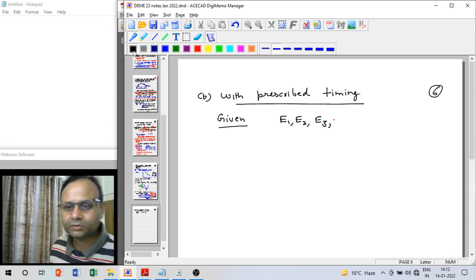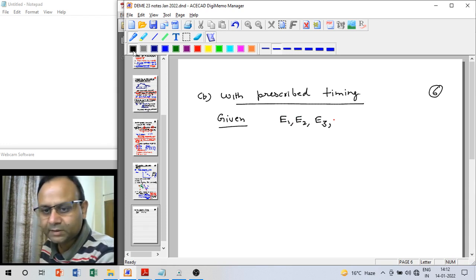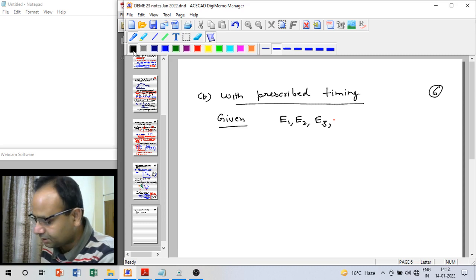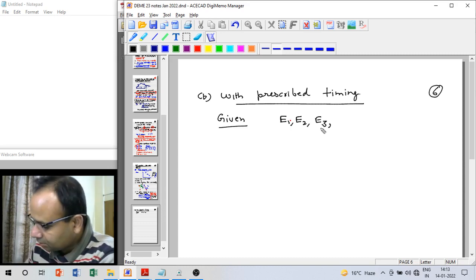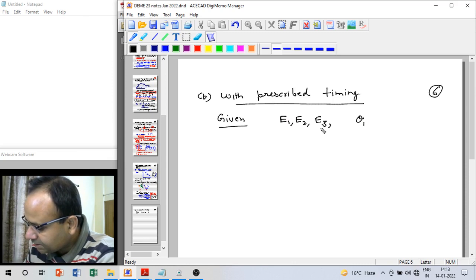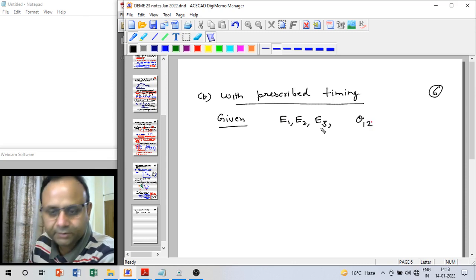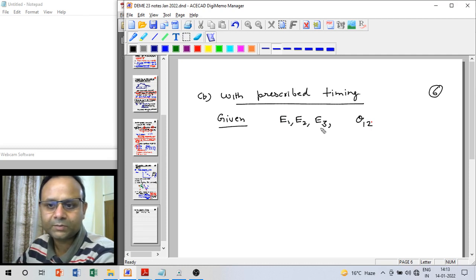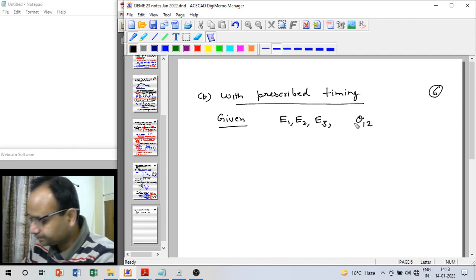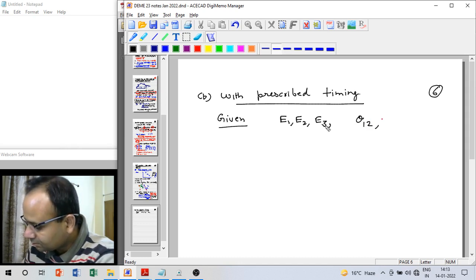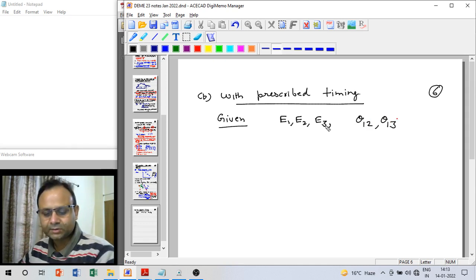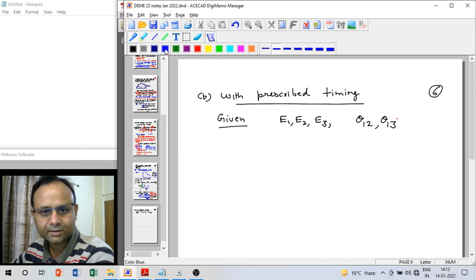So you are given three positions of a point on the coupler, and along with that more information about timing: when it goes from E1 to E2, the displacement of the input link is theta 1 2. This is also given, so it is with prescribed timing. And when it goes to point E3, the corresponding displacement of input link is theta 1 3.